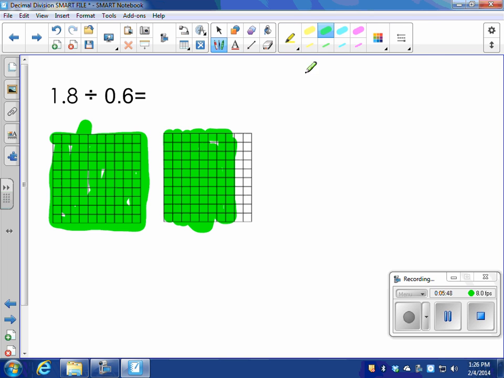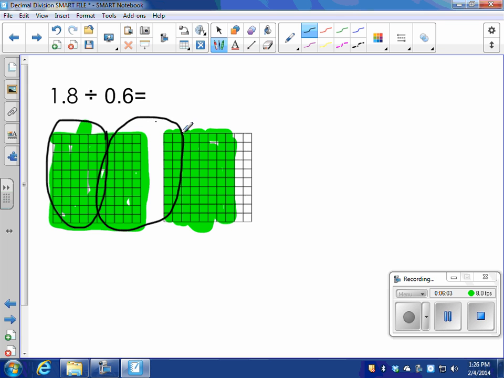And now I'm going to divide this up into groups of 6/10. So 1, 2, 3, 4, 5, 6. There's one group. There's 2 groups. And there's 3 groups of 6/10. So the answer to 1 and 8/10 divided by 6/10 would give me the whole number 3.